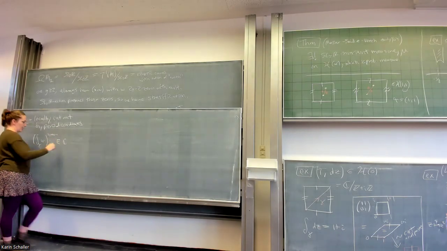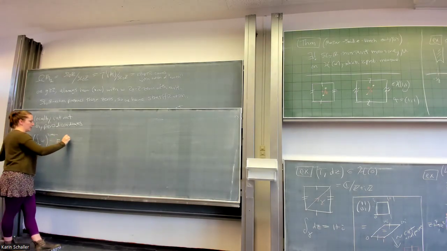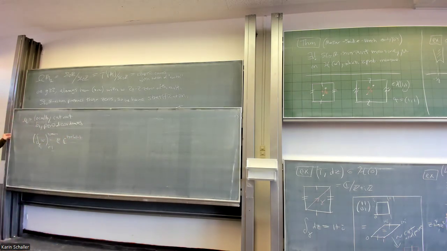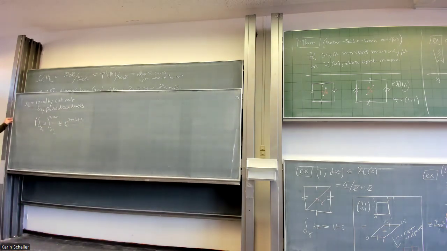This lives in the complex numbers, C to the 2G plus length of alpha minus 1. Okay, so what does this mean?